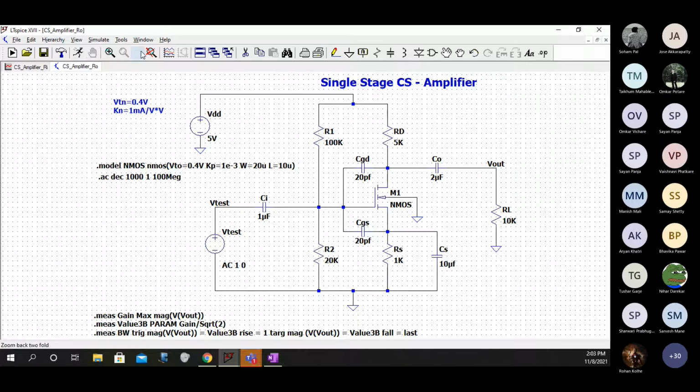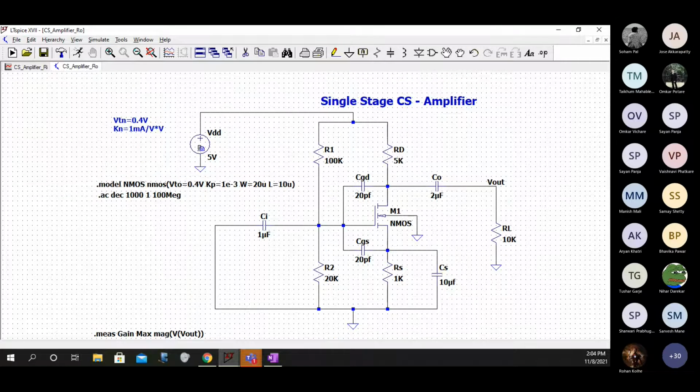When you are calculating RO, we always make V in 0, right? So I'll remove that V test from here and I'll make V in 0. And on the output side, we'll apply a test voltage. I'll just apply a test voltage here.